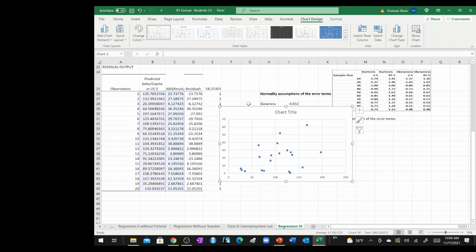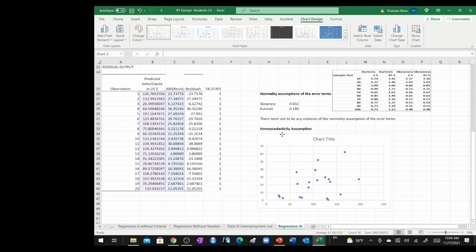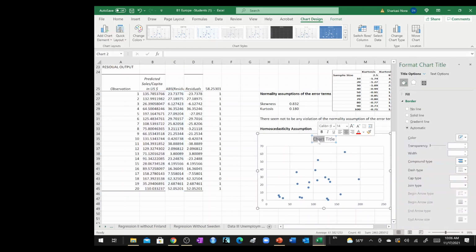So we take them like that. And now we take a look here. How about we say here homoscedasticity visual check. How about that?